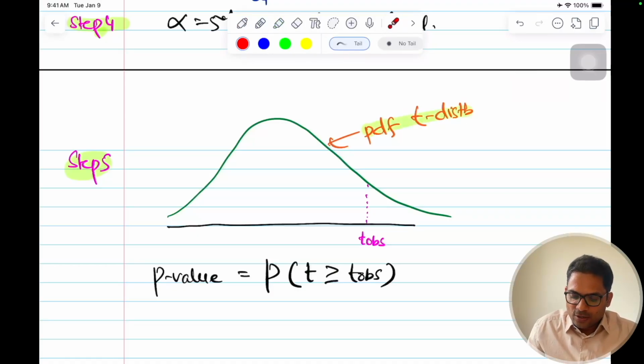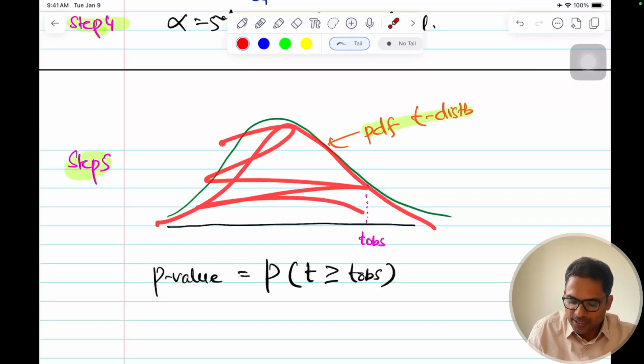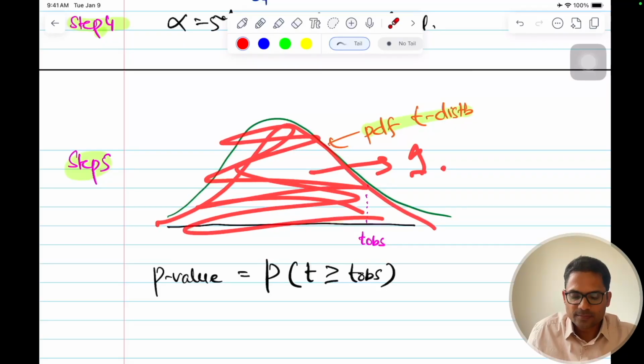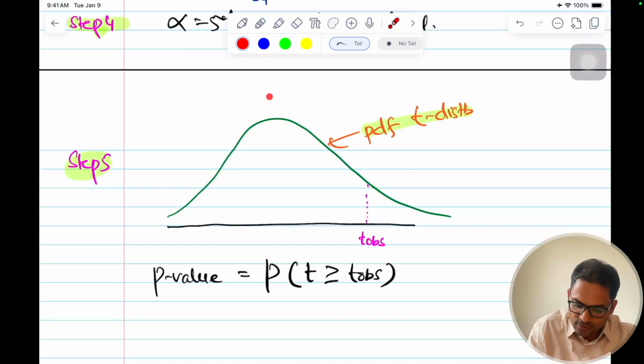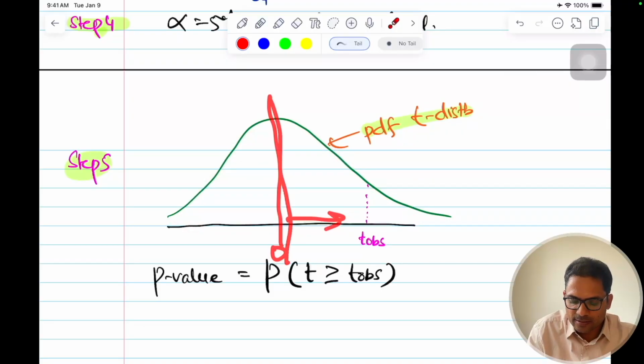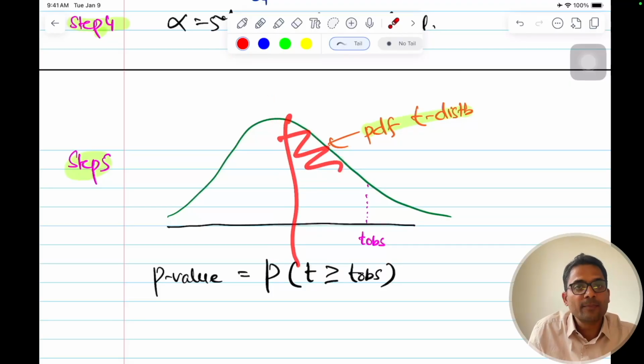What is the probability of seeing any value greater than or equal to t observed? The complete area of the PDF is 1. If I want anything greater than the mean, I'll move towards the right. The area under the curve gives me the probability.